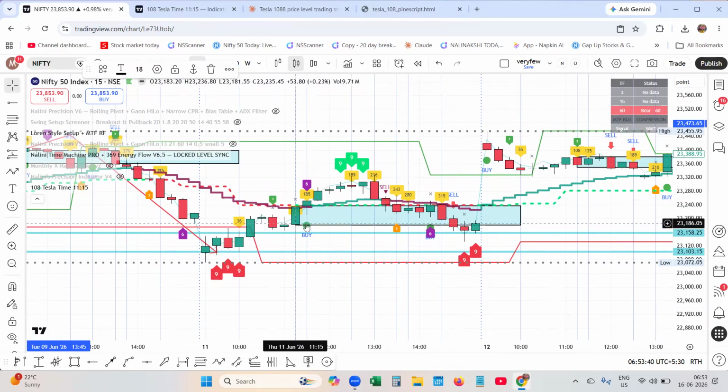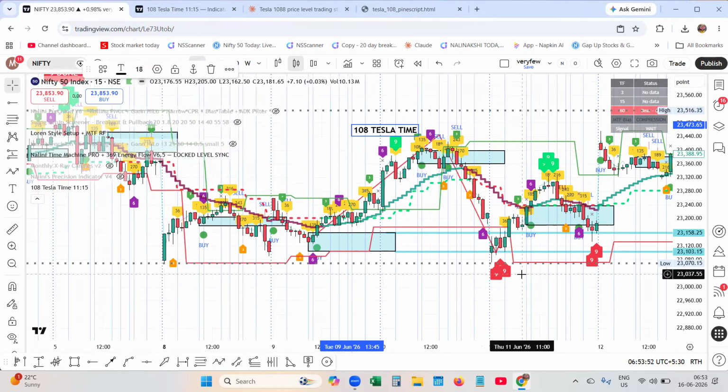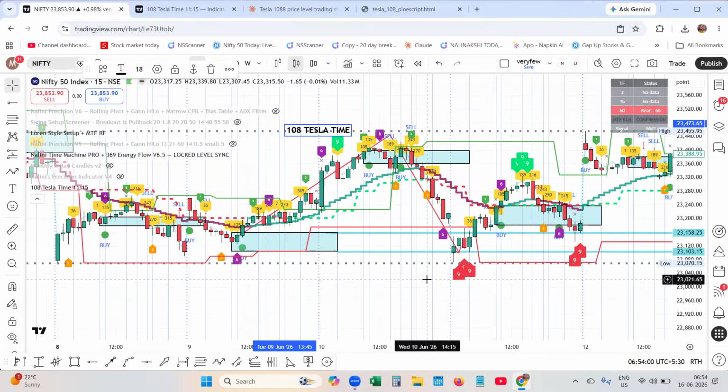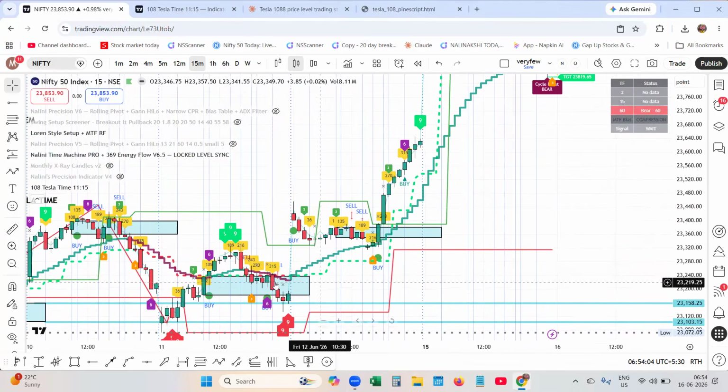Once the zone has been created, when price starts trading above this, it becomes positive. When it starts trading below this, it becomes negative. You can see these are aligning, clustering together. When it starts clustering there, at that time, it becomes very good.